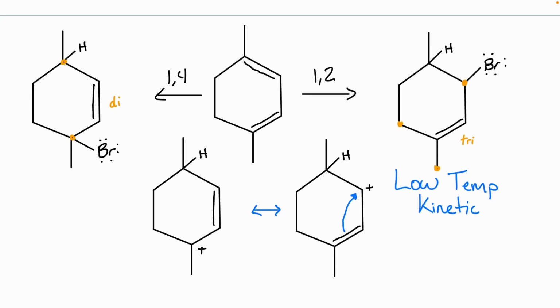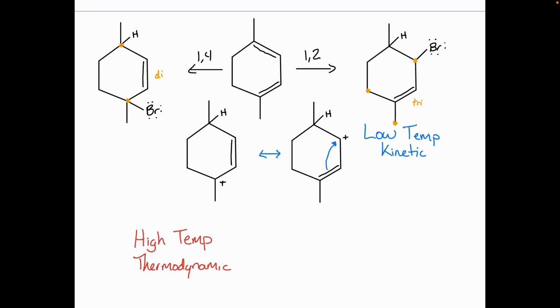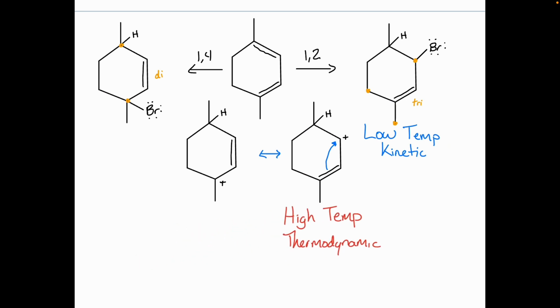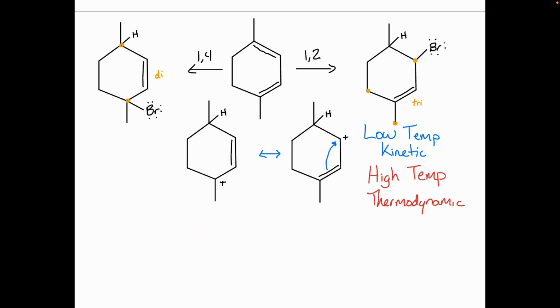So which one of these is going to be our more stable thermodynamic product, the 1,2 or the 1,4? The 1,2. So for this particular diene, regardless of what temperature you go, you will get your major product as the 1,2 because it is both the product that forms faster, but also yields the more stable alkene.